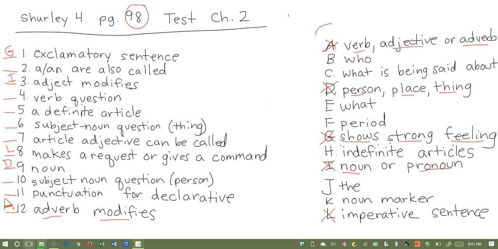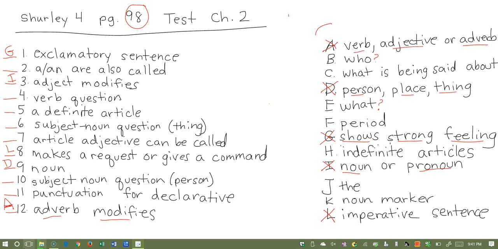Let's see. What do we have? We have who, and we have what. Those are 2 questions that we ask when we're looking at our sentence. Who ran down the road? Who ate their dinner? What would that go with?